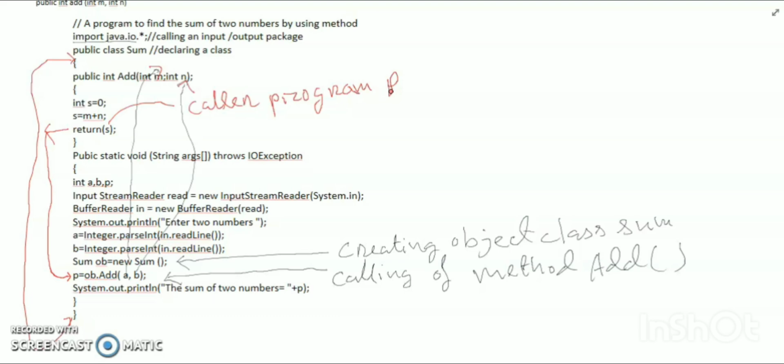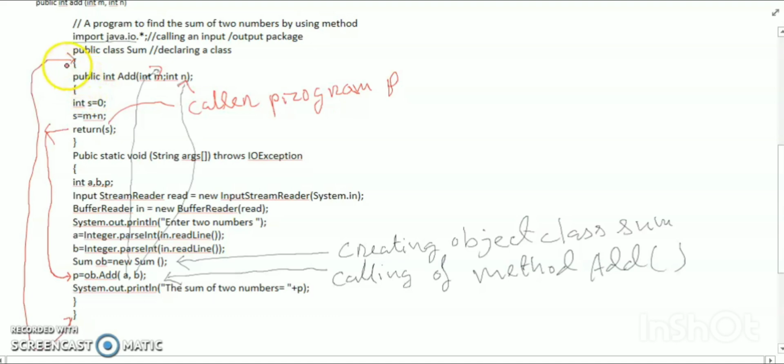Hence variable P receives the returned value, the sum of two integer numbers, which is further displayed as the output. So I hope you can understand my total work, and now you will check one practical example.